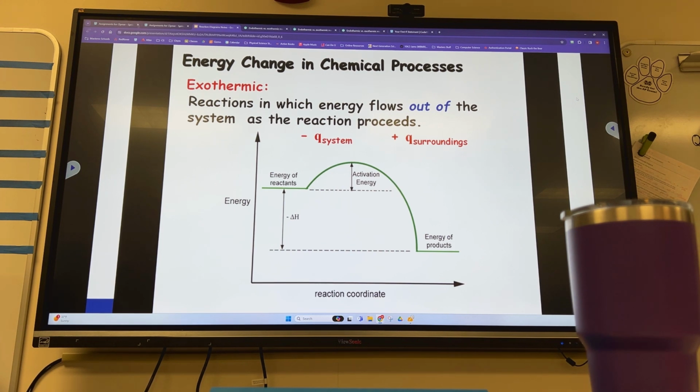Ah. Energy flowing in or out. The ice cube is the system. To get it to melt, do we have to add energy to that system, or is energy leaving the system? It adds energy to it. To add energy. Which of these two is adding energy into a system? Endothermic. Okay, Nico. Phase changes.